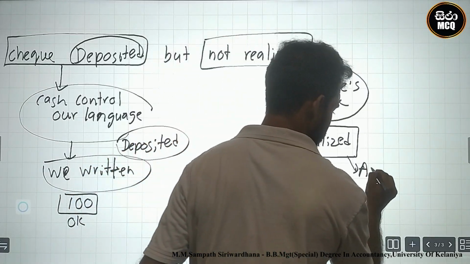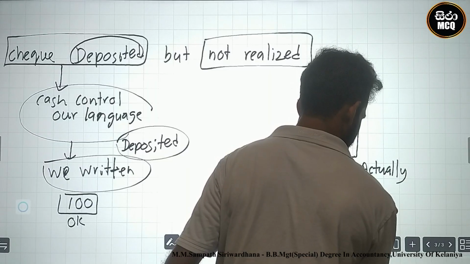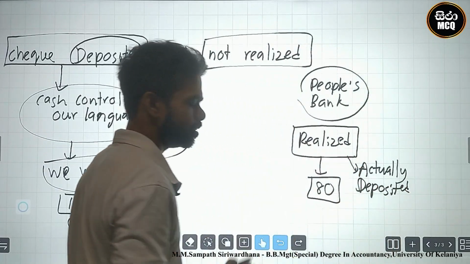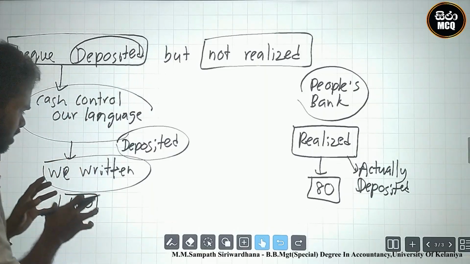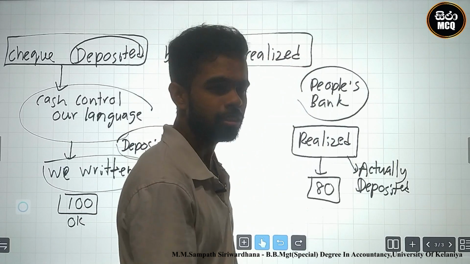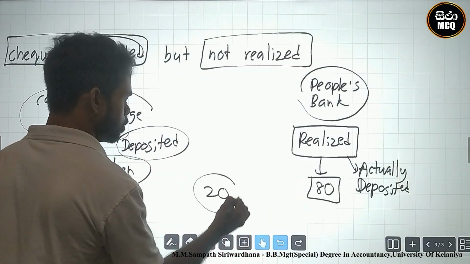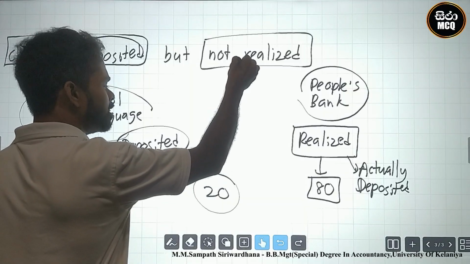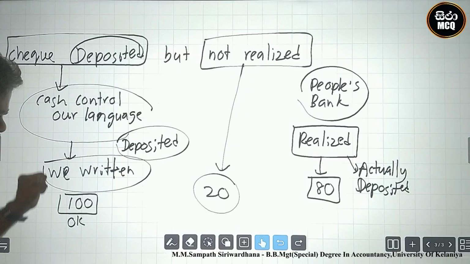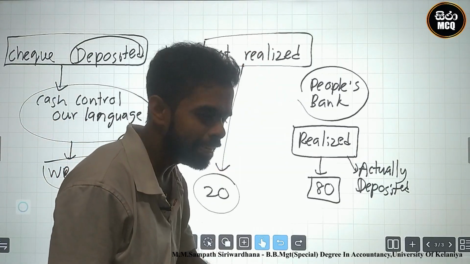Actually deposited 80. Look here, we deposited 100, they deposited 80. What is the difference? The difference is 20. Why? We deposited 100 checks, they deposited 80.